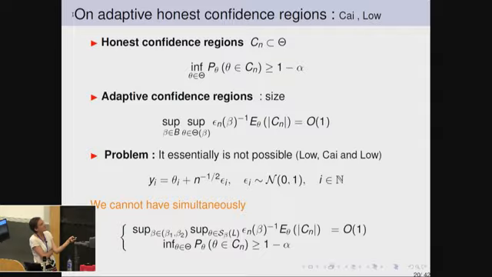This model corresponds to observing an infinite sequence of observations, with an infinite sequence of means, and Gaussian noise with variance 1 over n. It looks like it's not at all practical, but it's really close to many different models.